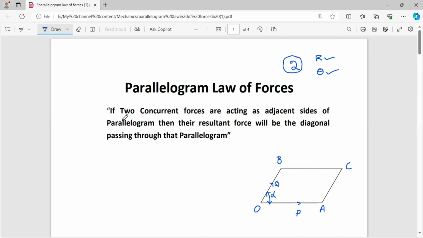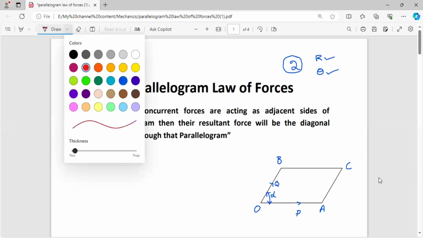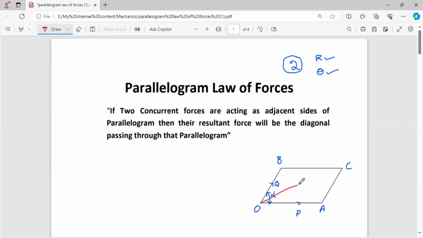Then, if two concurrent forces are acting as the adjacent sides of the parallelogram, what will the resultant force be? The resultant force will be the diagonal passing through the parallelogram.